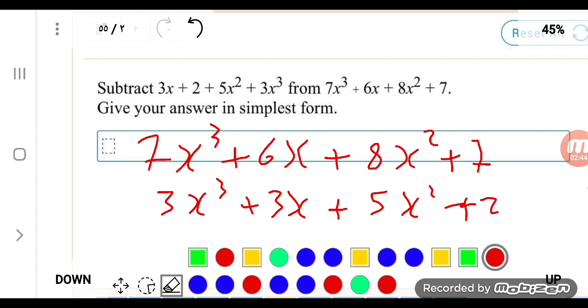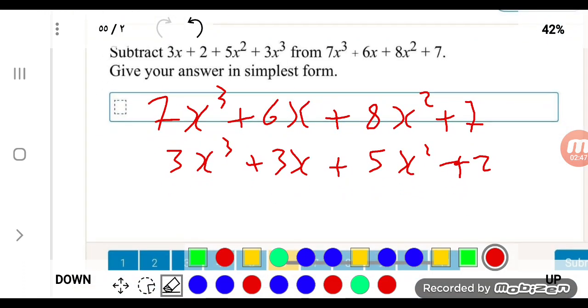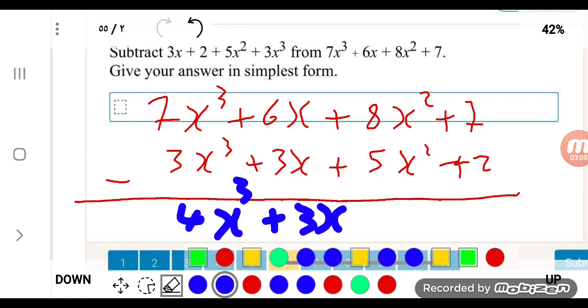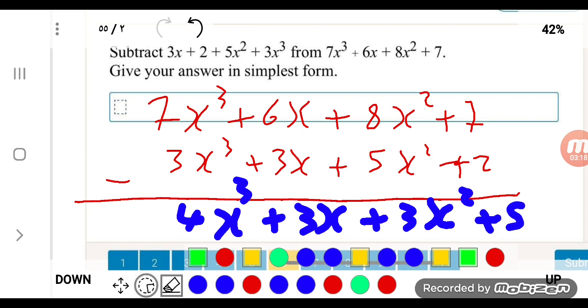Then you start subtracting. Okay, now you subtract. Here you get first term 4. So here you have 4x cubed, then plus 3x, then plus 3x squared, then plus 5. And that is the answer.